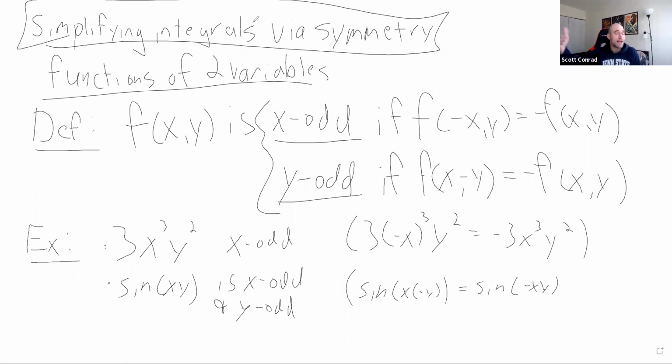And remember, sine of negative theta is equal to negative sine of theta. So sine of negative something is negative sine of that something. So we get negative sine of xy, which is negative of our original function. Same thing happens for x as well, right? You change x to negative x, you get negative sine xy.